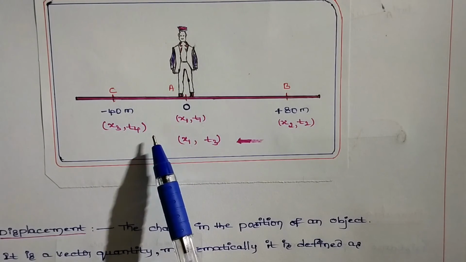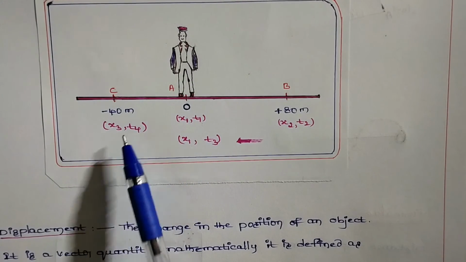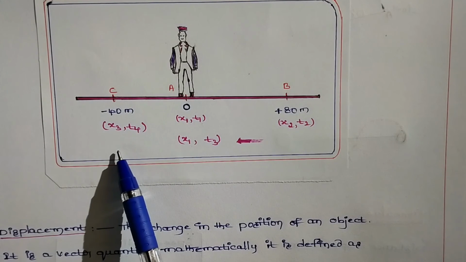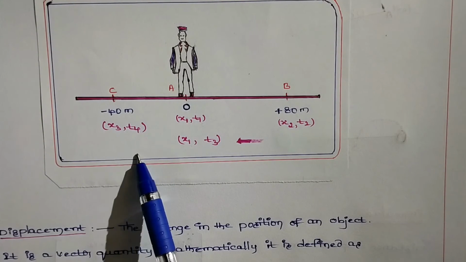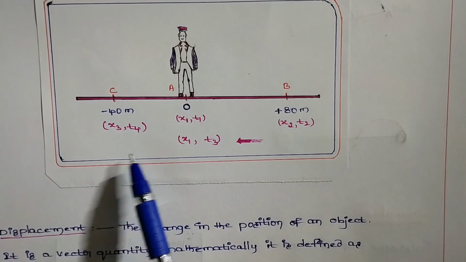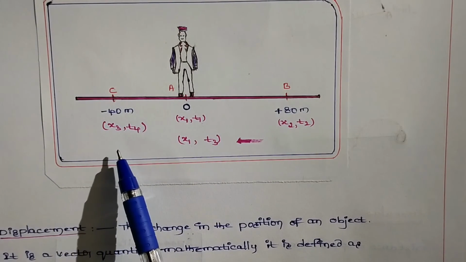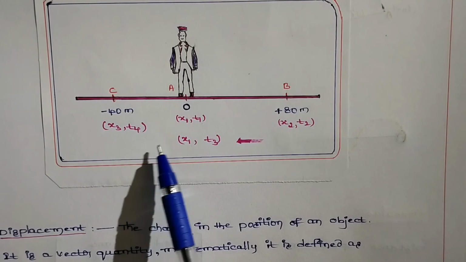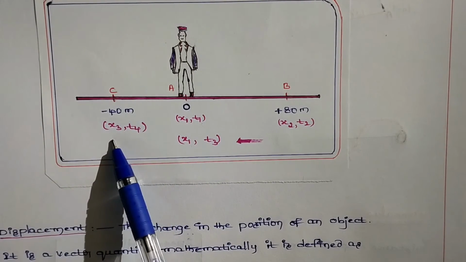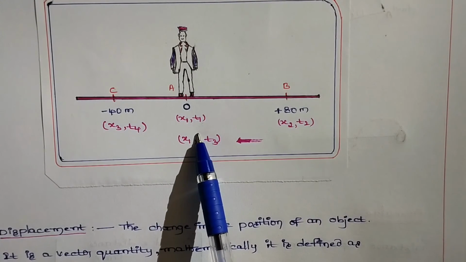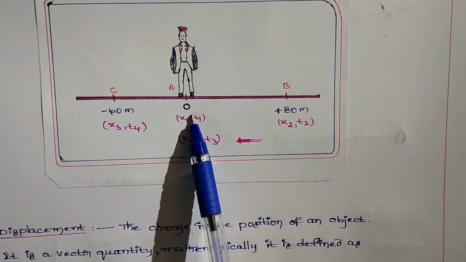So, the change in position. This is the initial position, this is the final position. According to the formula, delta x is equal to final position minus initial position. So the change in position is x3 minus x1. Delta x is equal to minus 40 minus 0, since the A position value is 0.